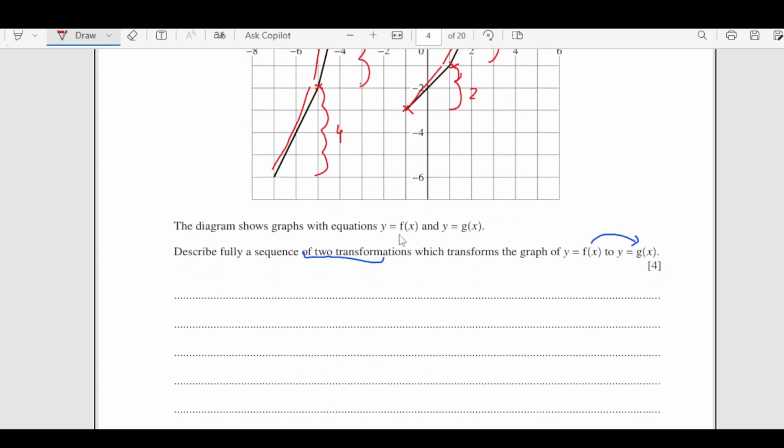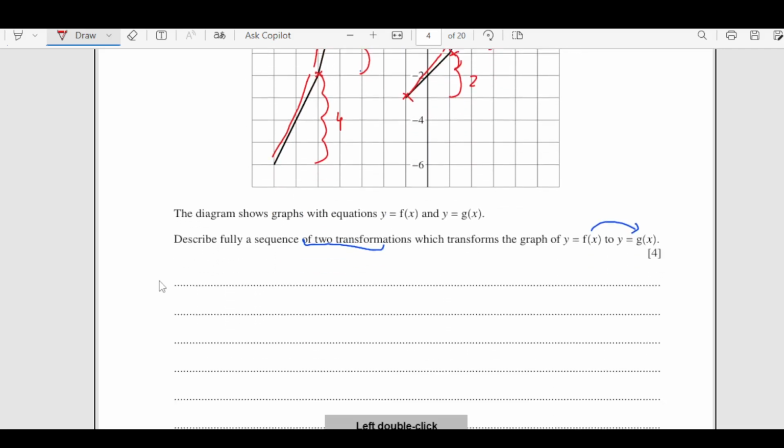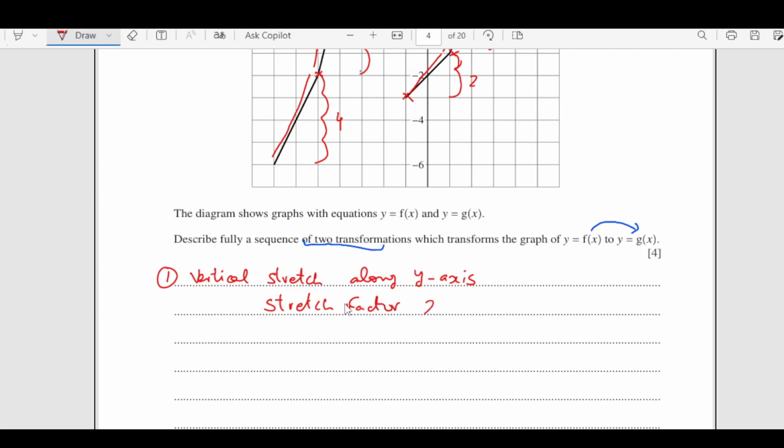The first transformation is a vertical stretch along the y-axis with the stretch factor of 2.